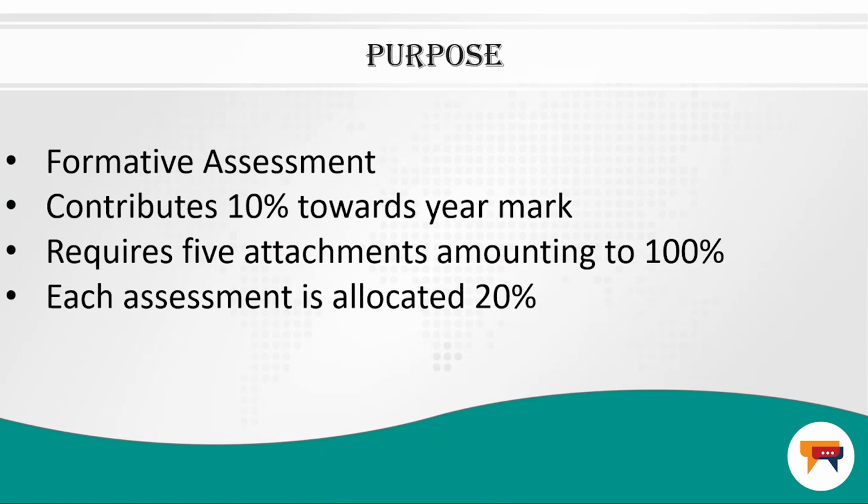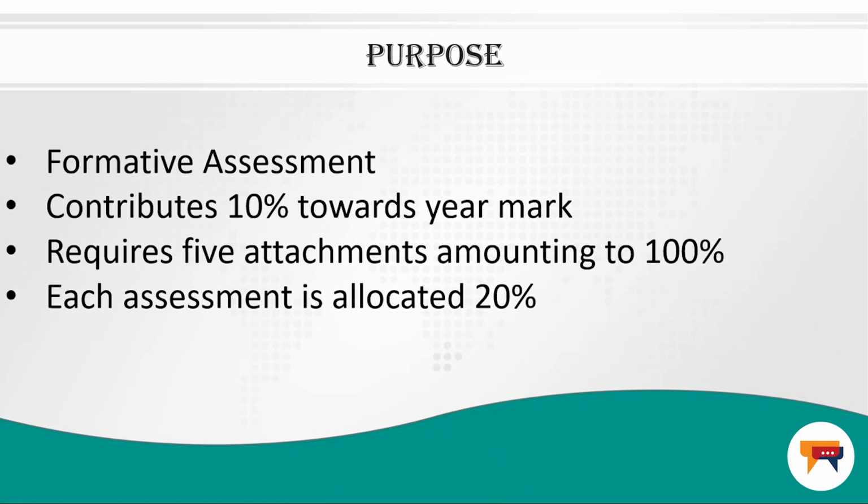And this assignment requires 5 attachments. I'm saying that because at level 4 it's 5, while others are 4. But remember, here it's 5 attachments. All of them must give you 100%. Each attachment is allocated 20%.